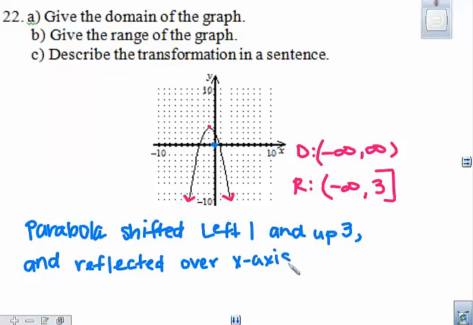And then you would double check, is there any stretch or shrink? See, from your vertex to points through it, normally it goes 1, 1, this does, or 2, 4, this does. So this isn't stretched or shrunk. Okay, so that's it.